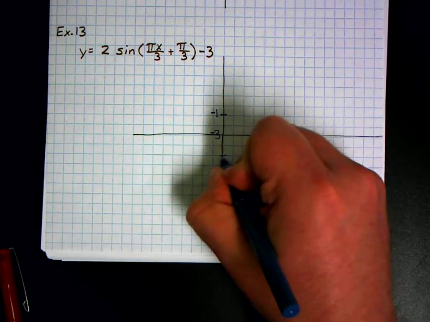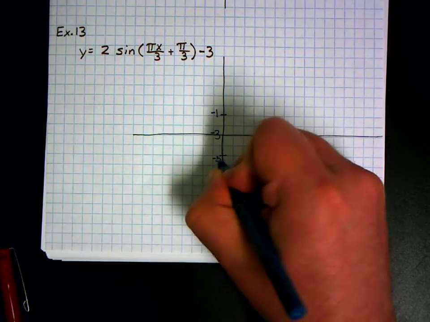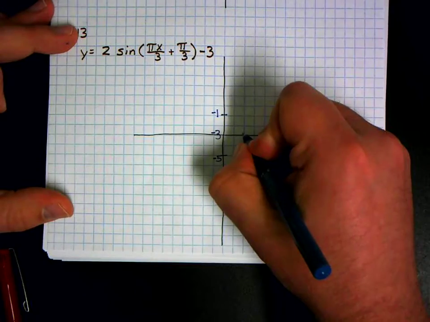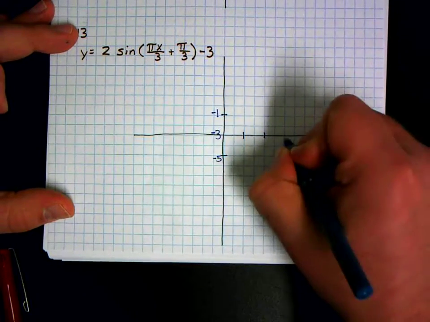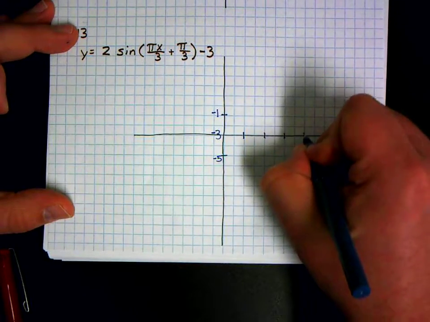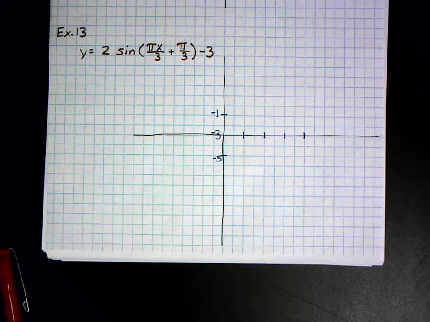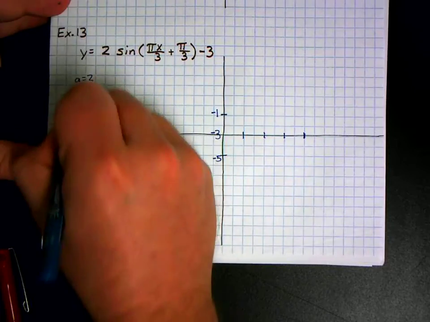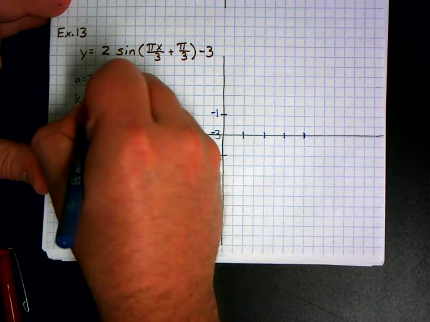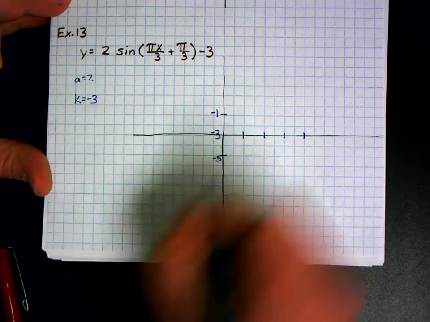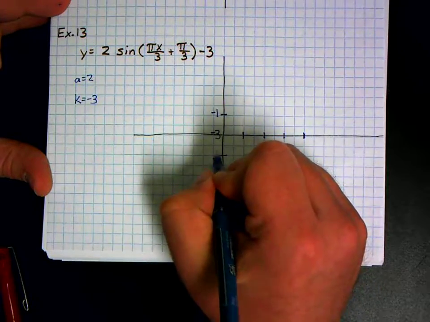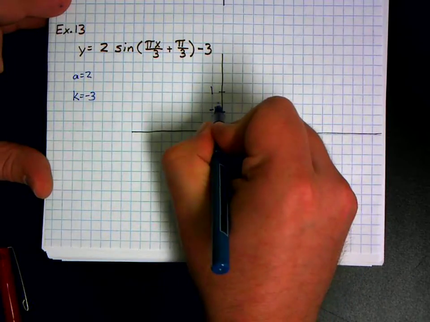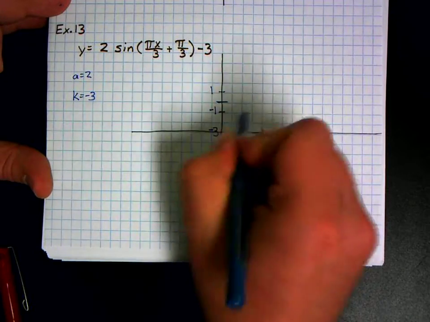I'm going to make this mark down here negative 5. Amplitude was 2. K was negative 3. So, if I wanted to keep up here just to show you where 0 is, this would be 0. So that's my original axis.